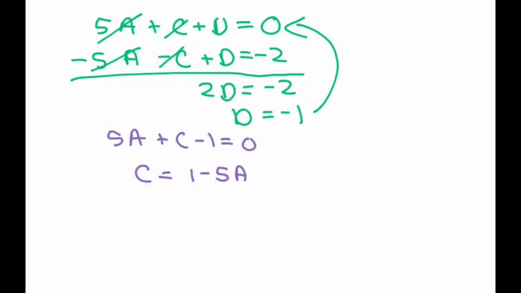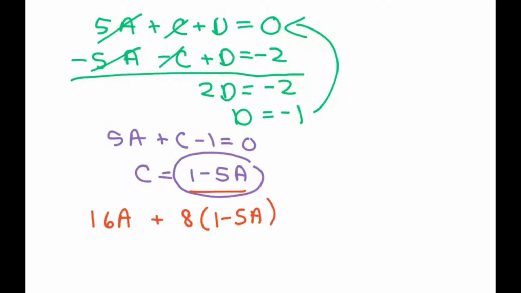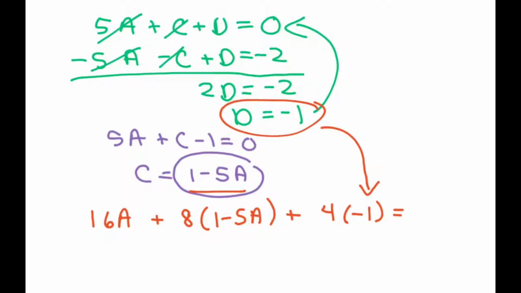Now, I'm going to substitute my C into the last equation we got, which was 16A. So I'm going to substitute 16A plus 8C. My C now is 1 minus 5A. And then plus 4 times negative 1, because my D now is negative 1, and that equals negative 2.